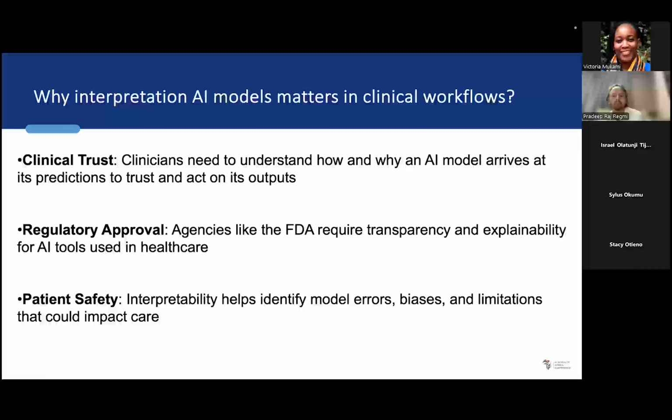Agencies like the FDA require transparency and explainability for AI tools in healthcare, and patient safety. It can also help identify model errors, bias, and limitations that could impact patient care. So while bringing AI models into the clinical workflow, these three basic things must matter, I think.